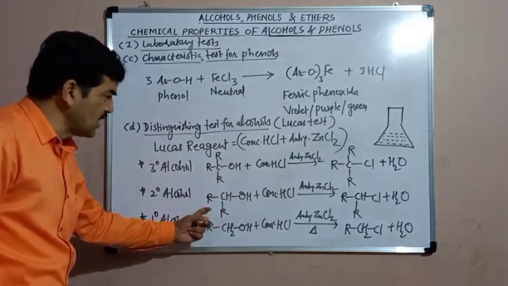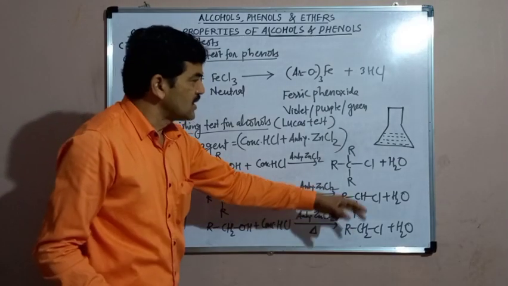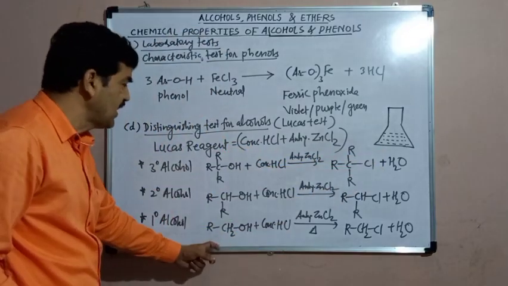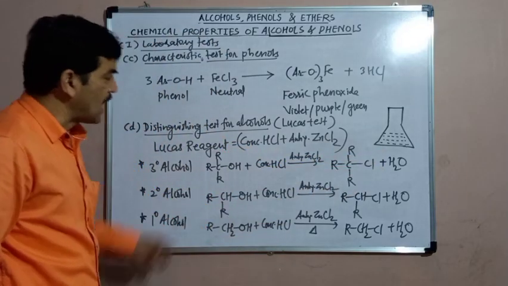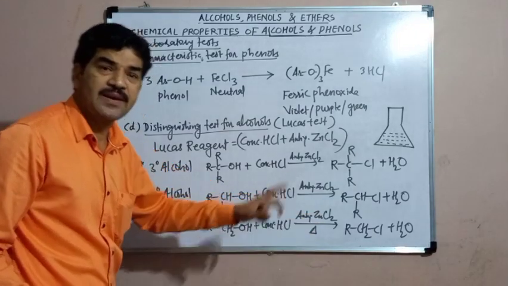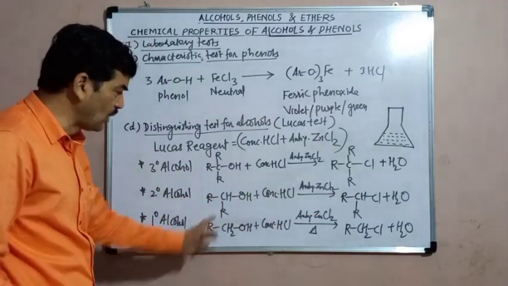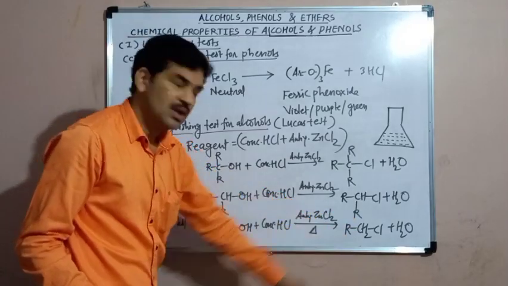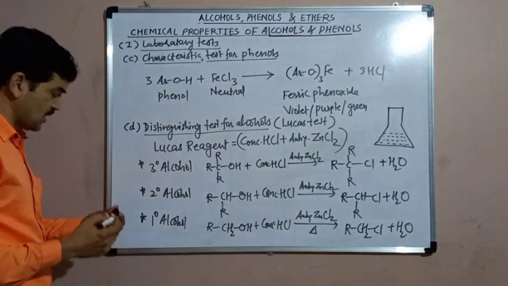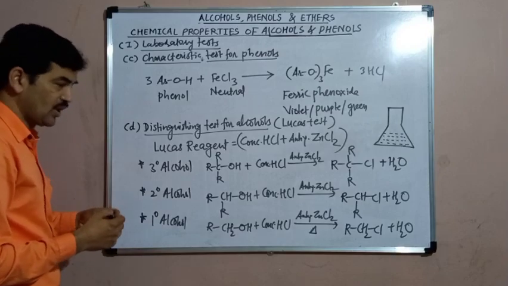If the alcohol is secondary, the turbidity appears after a few minutes. But if the alcohol is primary, the turbidity appears after a few minutes of strong heating. Without heating, the turbidity doesn't form. So in this way, with the help of the Lucas test, we can distinguish these three types of alcohols.